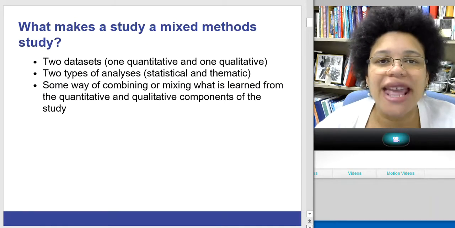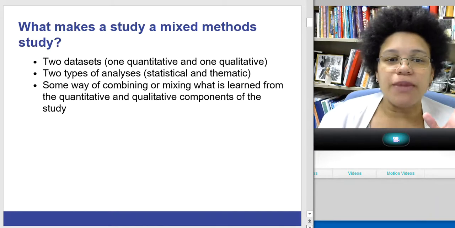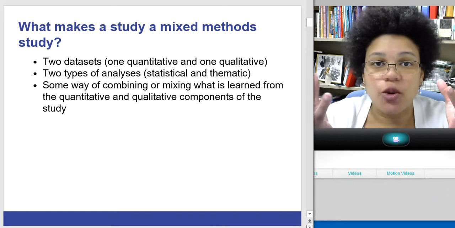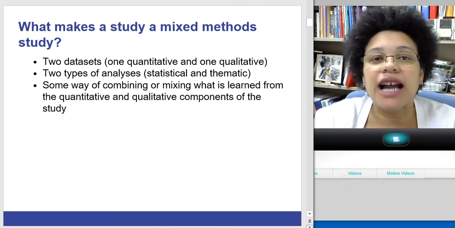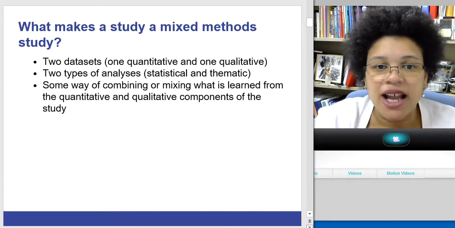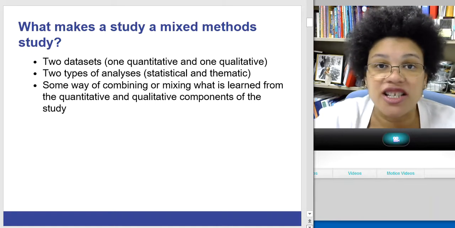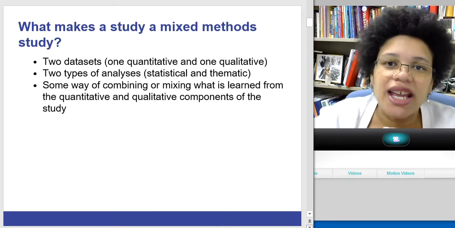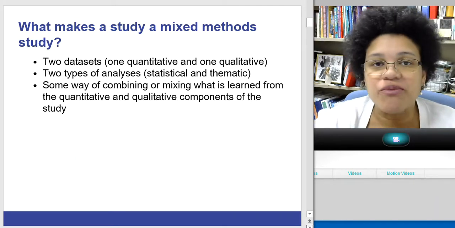Okay, so what makes a study mixed methods? Basically, we have both quantitative and qualitative data, right? And we have two types of analyses. So we'll have some kind of statistical analyses. And remember, quantitative data is really good for answering questions of what and how many and how often and how high or how severe.